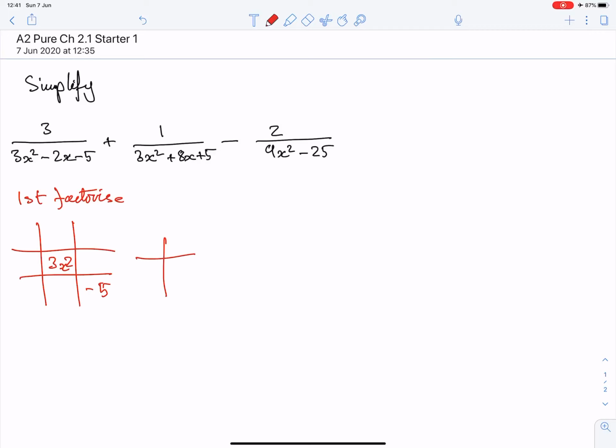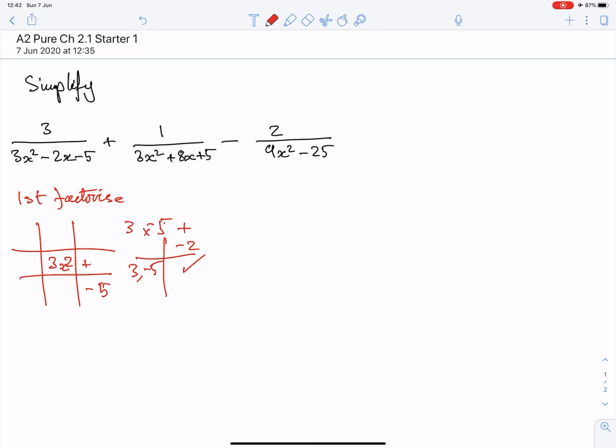But it's up to you. 3x squared minus 5x, so we know that it must multiply to give negative 15 and add to give negative 2. Well, that looks like 3 and minus 5 does the trick straight away, doesn't it?